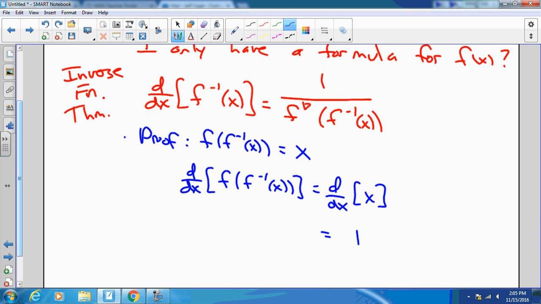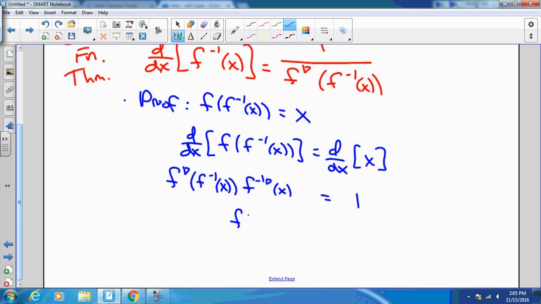On the left-hand side I have a chain rule situation, outside and inside. My outside function is f, and so the derivative of the outside is f prime of f inverse. And the inside function is f inverse, and its derivative is f inverse prime of x. So that if I now solve by simply dividing both sides by f prime of f inverse of x, I'm done.